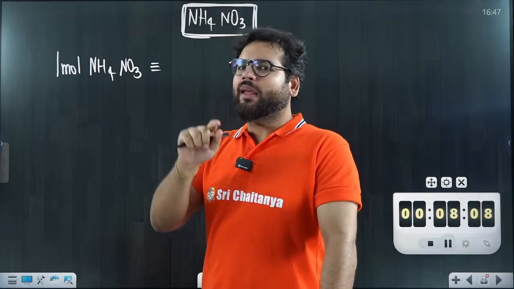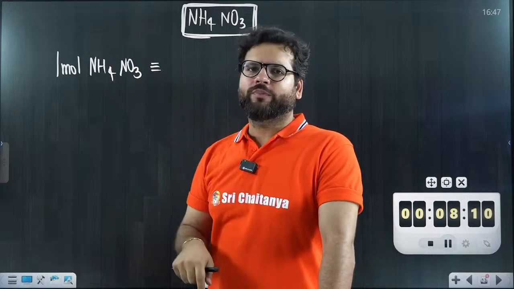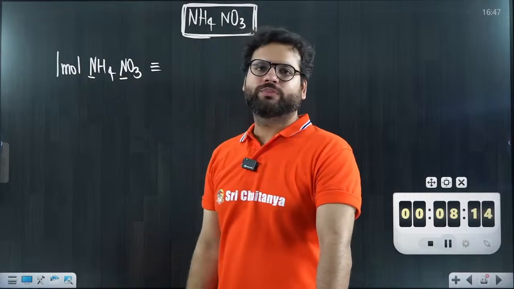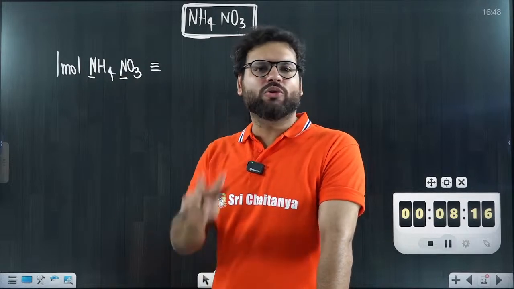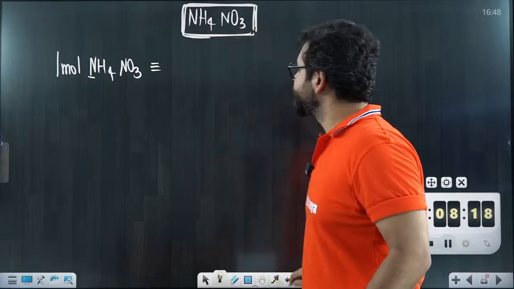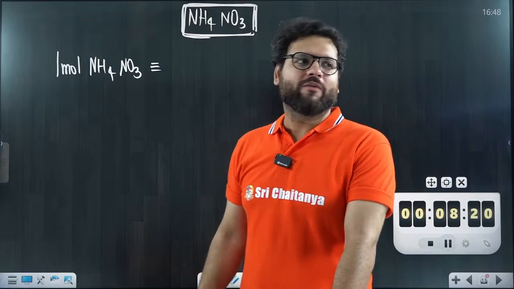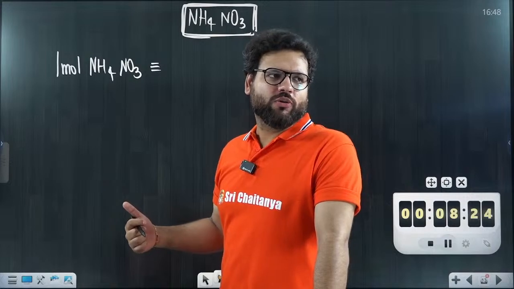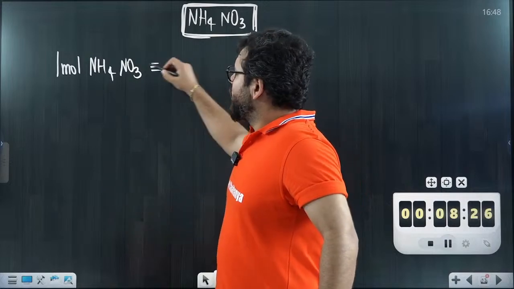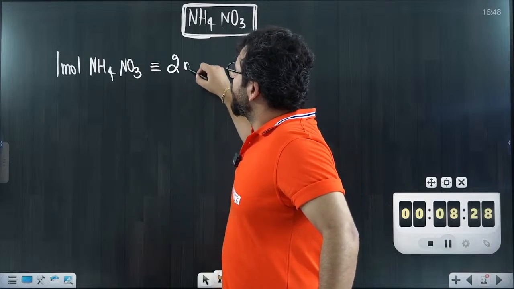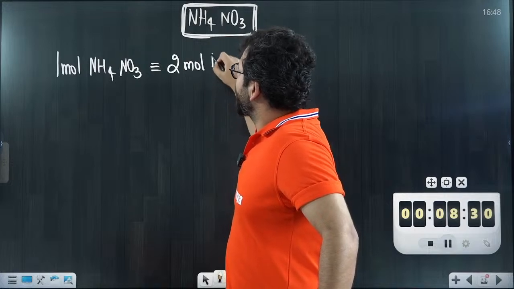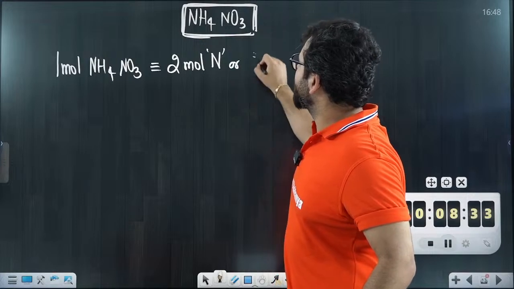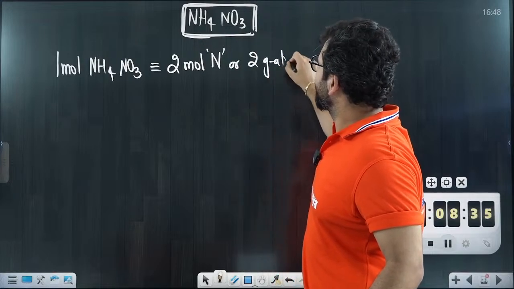Can I say in 1 mole of this compound there are 2 moles of nitrogen? Yes or no? In 1 mole of this compound there are 2 moles of nitrogen. So there are 2 mole nitrogen atoms. In other terms, I could also say there are 2 gram atom nitrogen.